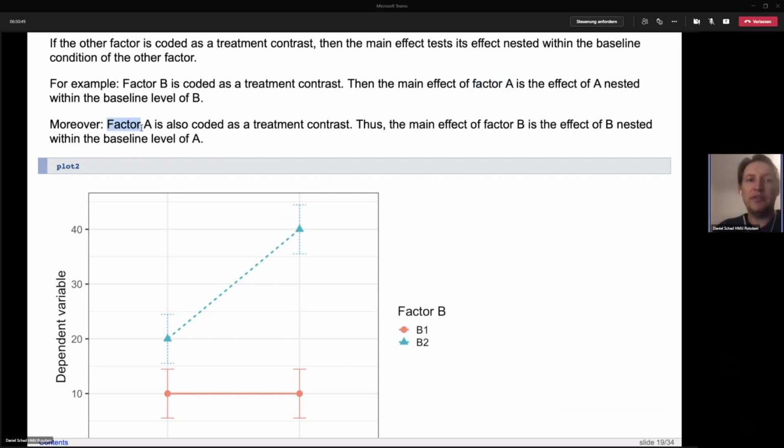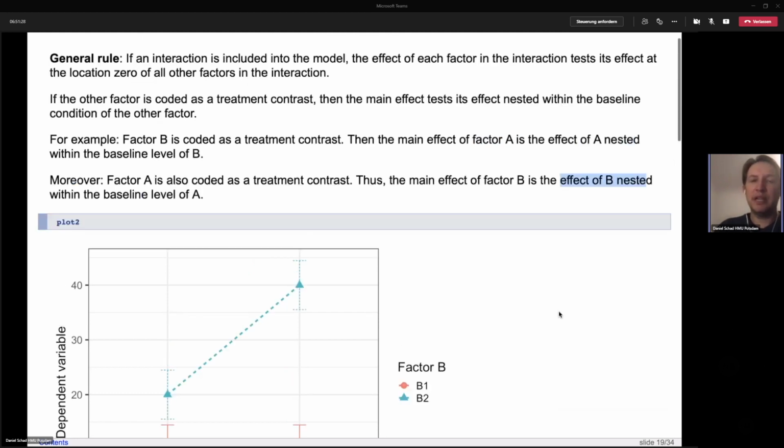What if factor A is also coded as a treatment contrast? But now we look at the effect of B. What is the effect that factor B tests? Well, if we want to understand what B tests, we have to look at factor A. And where is the 0 in the coding of factor A? It's a treatment contrast, so the 0 is in the baseline level. So the baseline level of A codes a 0, and therefore the effect of B is nested within the baseline level of A. That's really a bit complicated.